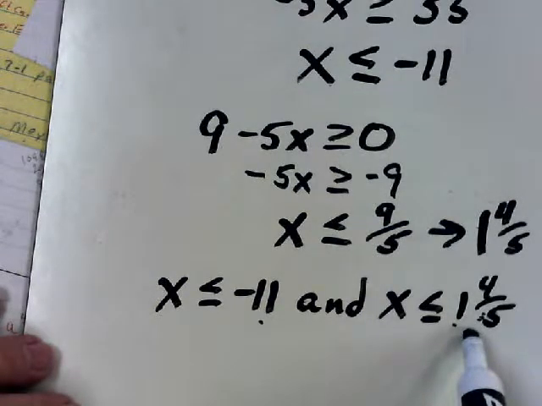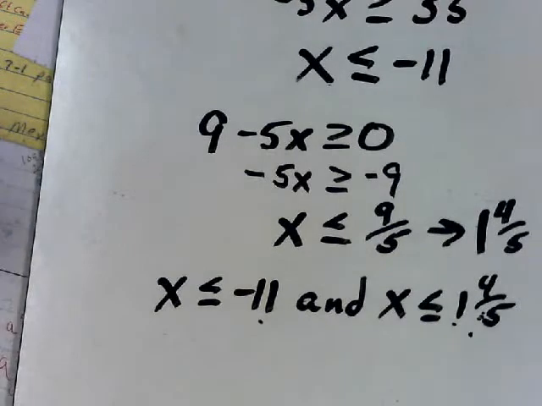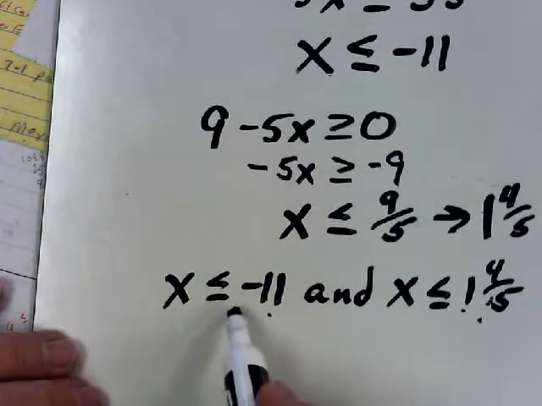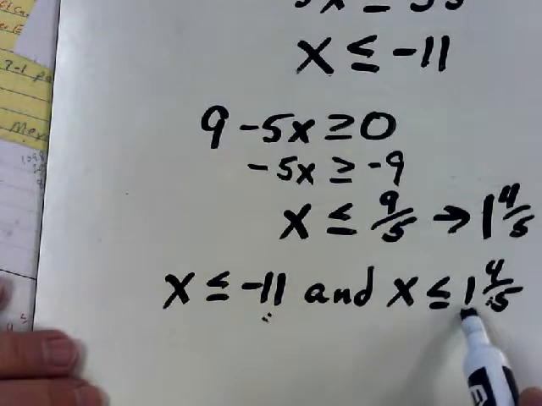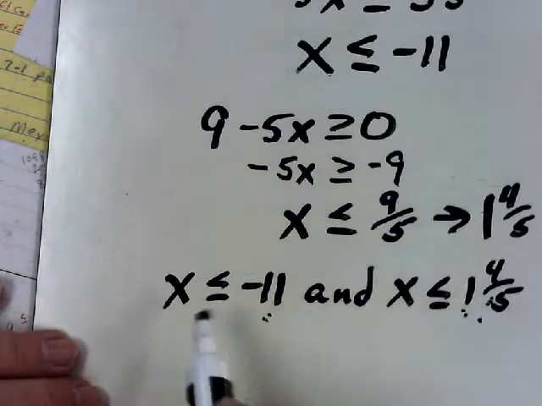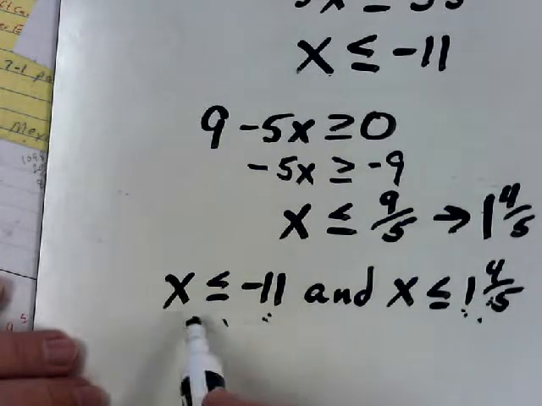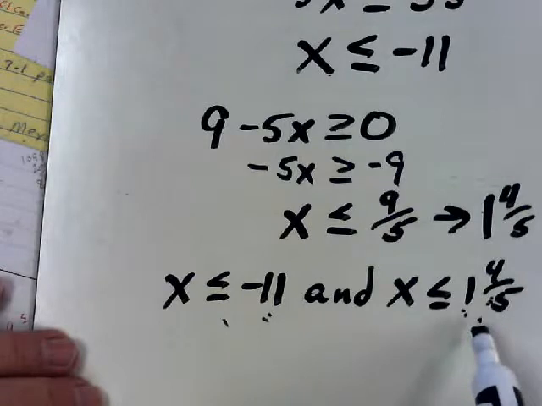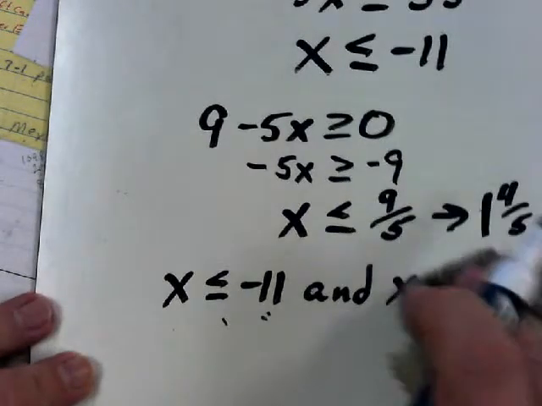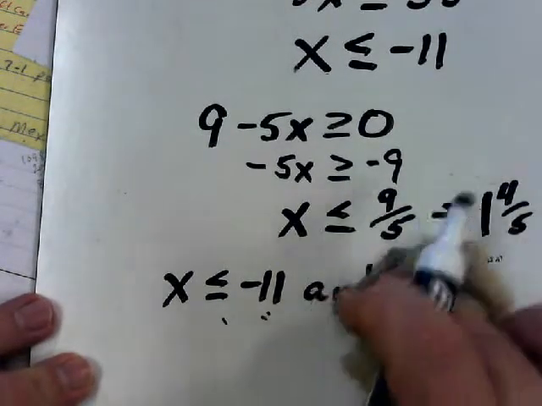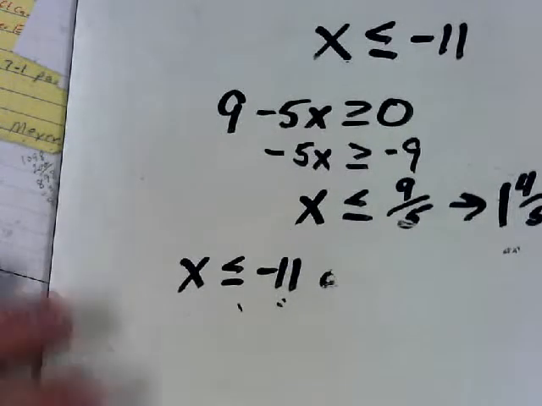Yeah. So if you pick negative 5, is negative 5 less than or equal to a negative 11? No. But it is less than this, isn't it? So negative 5 won't fit this answer, will it? So the only place that it'll be, because these are both less than, is I have to use all numbers less than or equal to a negative 11.